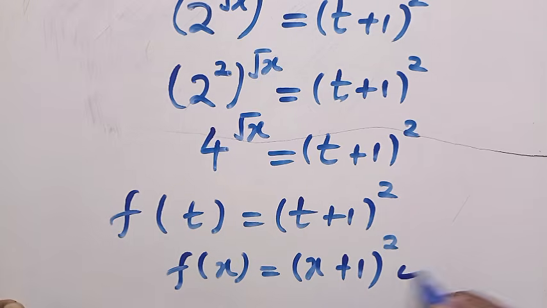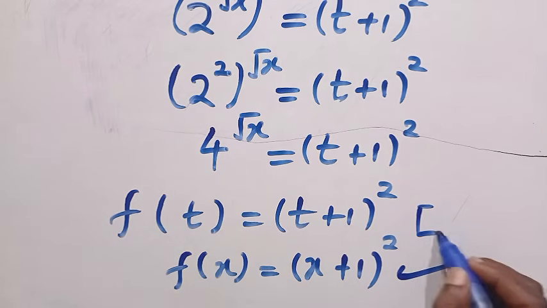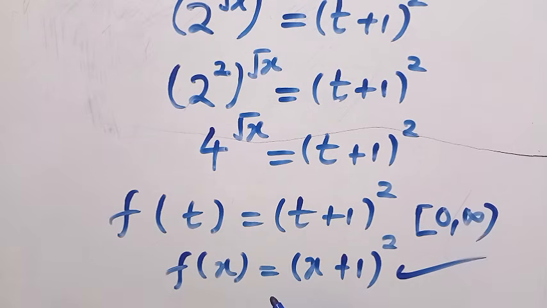So this is the solution that satisfies this problem. If you like, you can expand this, and we get x² + 2x + 1. Again, the domain of this answer is just as the first one, which is from 0 to infinity.